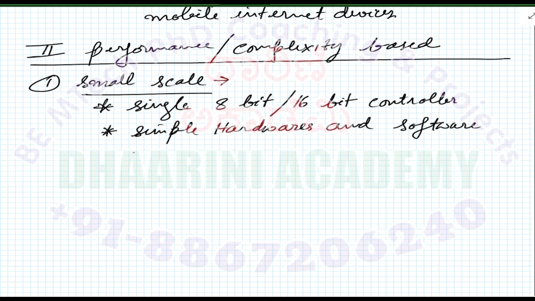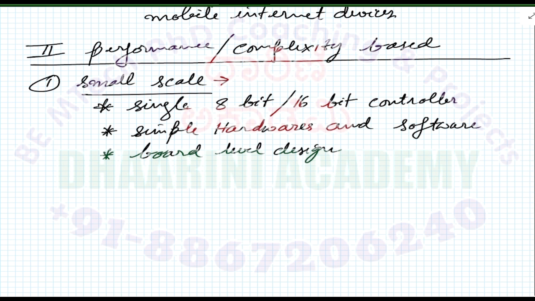Complexity should be very less, and we are expecting simple board level design, in the sense you use a single board where the various components are present on the same board. We call it a board level design. These are the basic features.